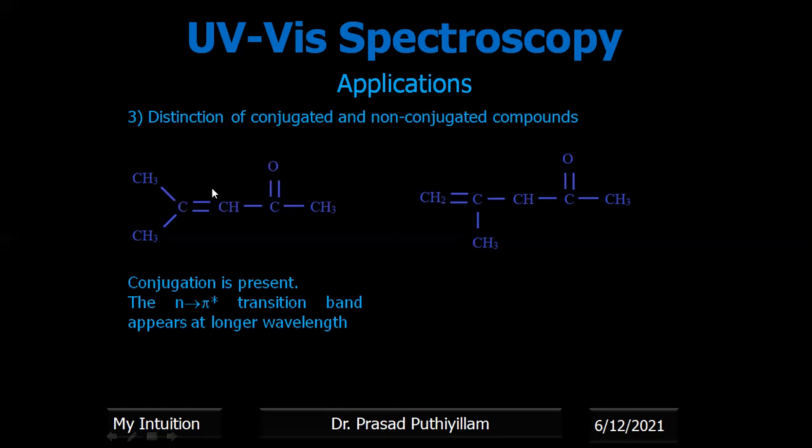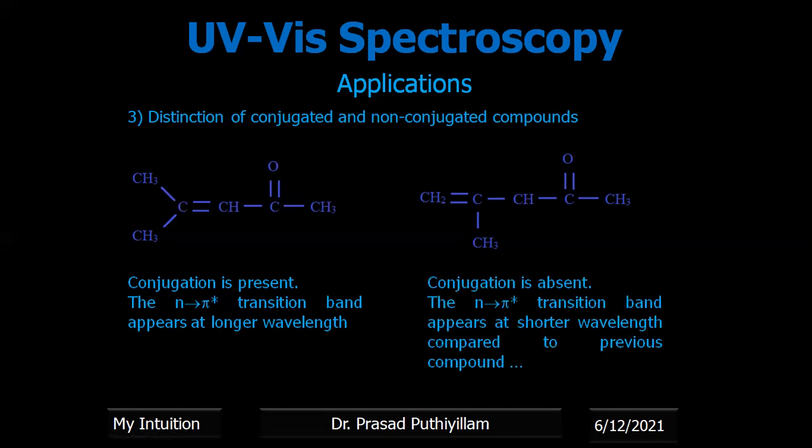That is the anti-bonding orbital, an imaginary orbital, and this electron can go to that pi star state, and it appears at a longer wavelength. The n to pi star transition is possible if conjugation is there and shows an absorption band at a longer wavelength. When conjugation is absent, as in this case, the absorption is at a shorter wavelength compared to the previous compound.